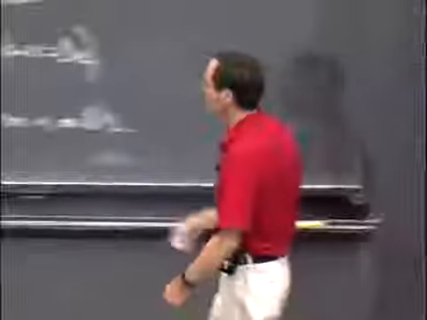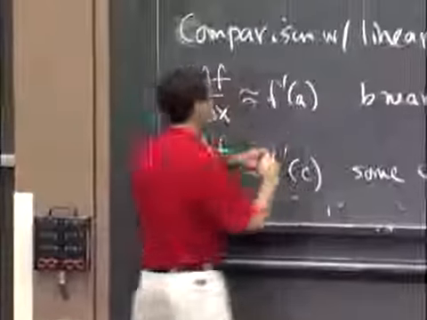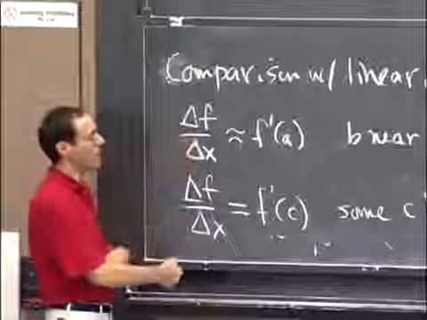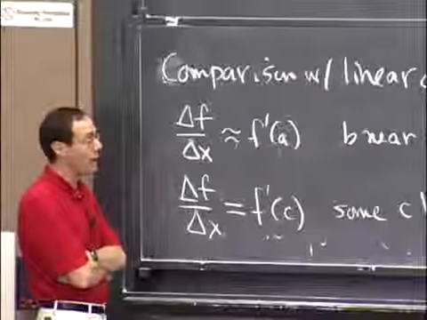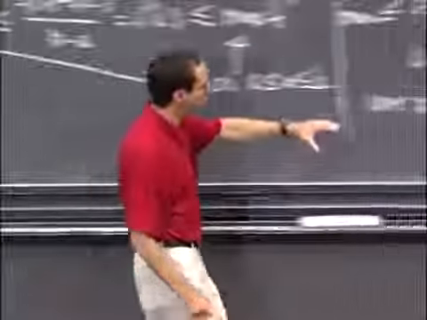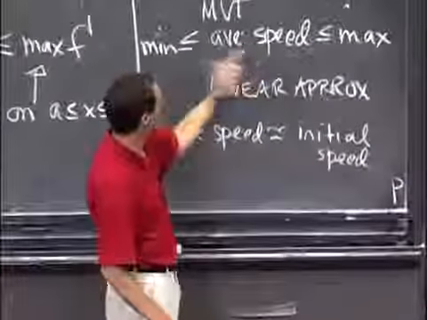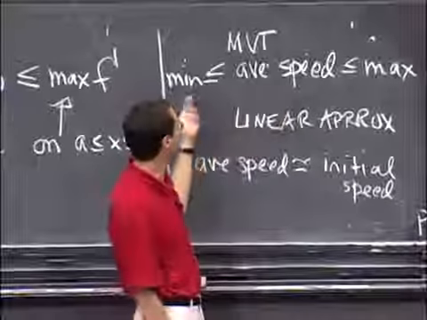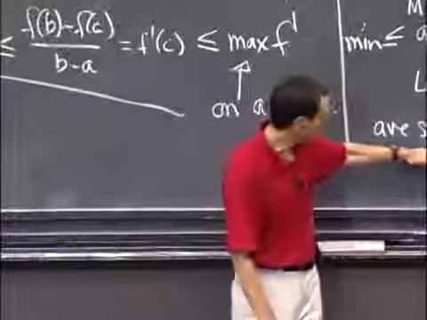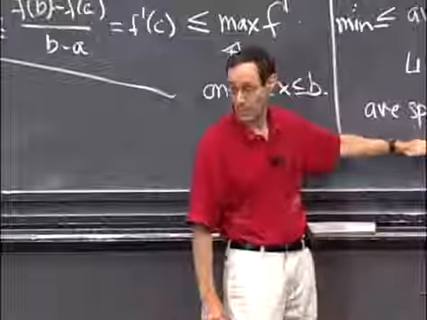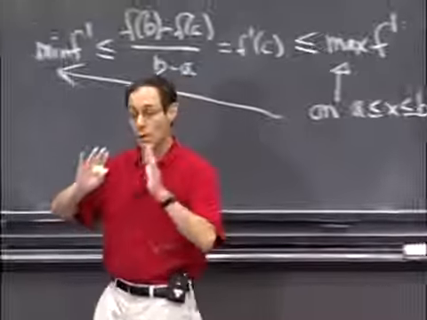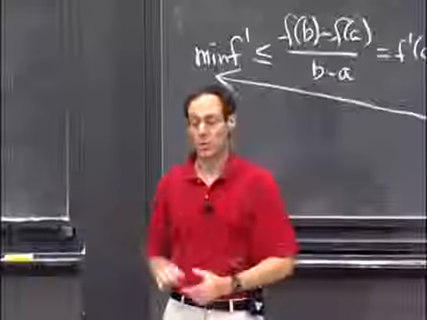So if a is the left endpoint, then it's the initial speed. If it happens to be the right endpoint, if the value of x is to the left, then it's the final speed. So you can see it's approximately right because the speed when you're on a short interval shouldn't be varying very much. The max and the min should be pretty close together. So that's why the linear approximation is reasonable. And this is telling you absolutely it's no less than the min and no more than the max.